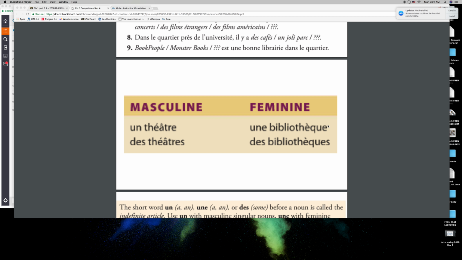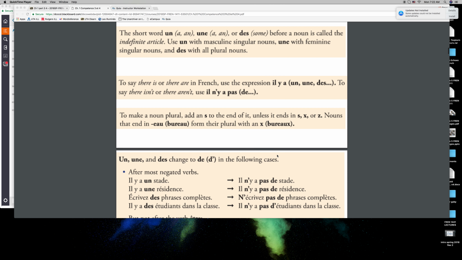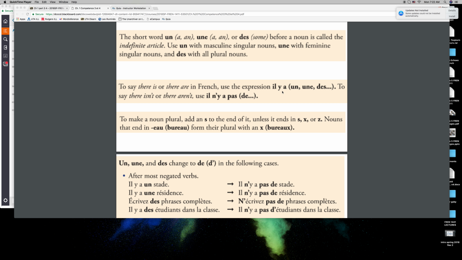So E and ES mark feminine, and S will be for masculine, right? So un théâtre, des théâtres, a theater, some theaters, a library, some libraries. Okay, so you use the expression il y a with un, with une, with des, right?